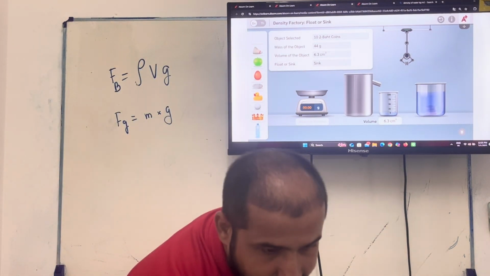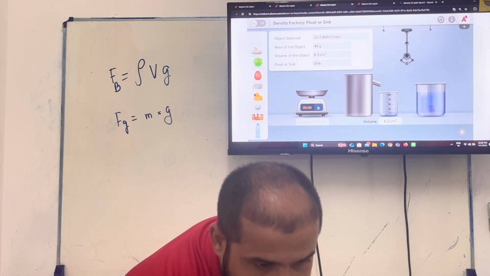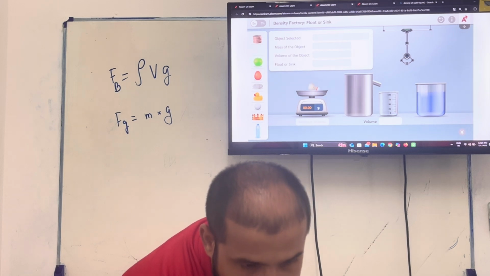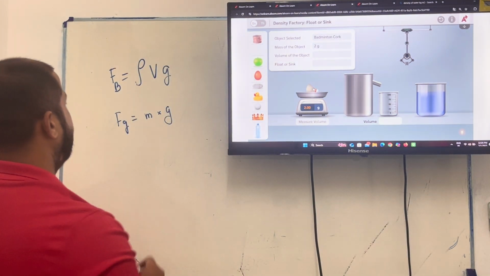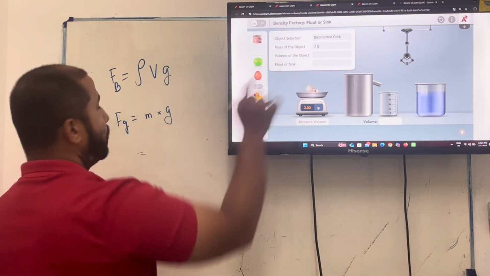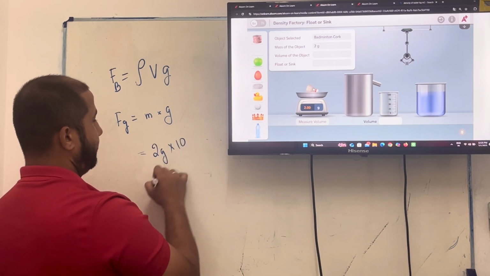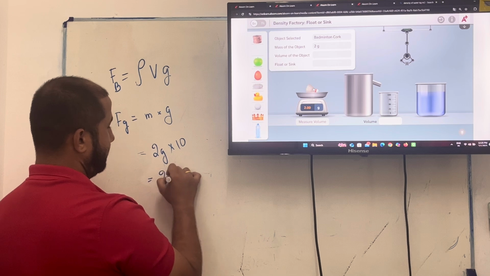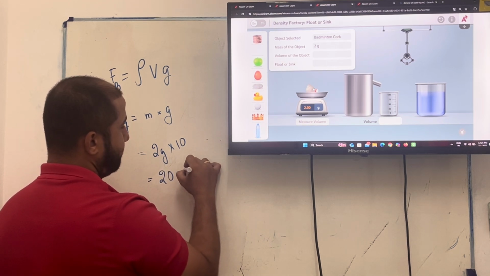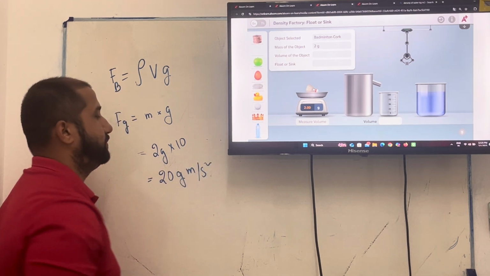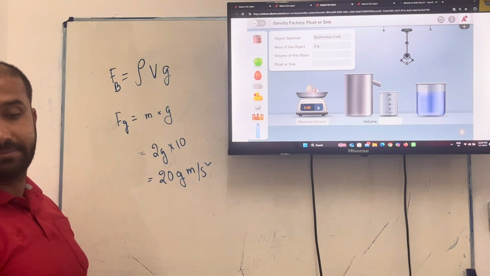Let's say we will take the second object now. The weight of the object is 2 gram. So that means 2 gram multiplied by gravity, that means 20 gram meter per second square. Let's keep it like that.